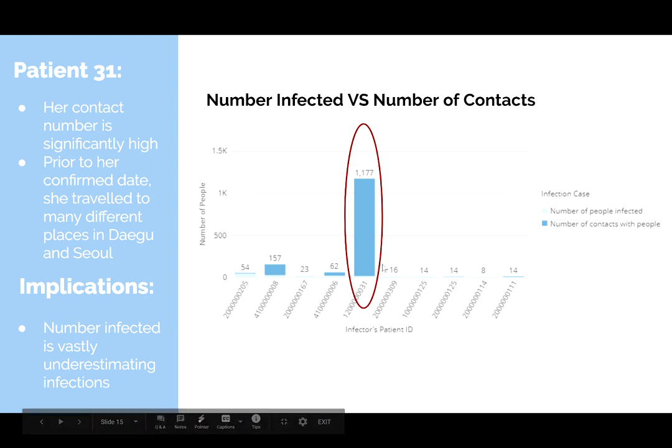If she had contact with this many people, that means there are probably a lot more infections, and that those infections were probably not diagnosed. And so this is something that should be taken into consideration when they are looking into total number of infections within their country. Yeah, and so those are my findings.